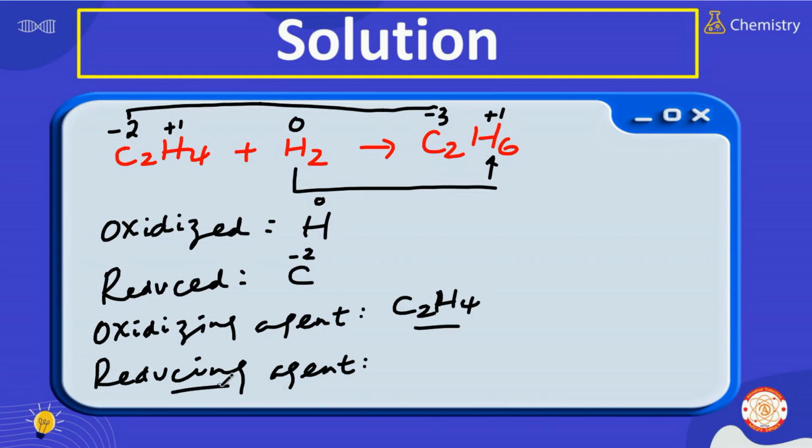And the reducing agent is a substance that helps the other substance to get reduced, but itself gets what? Oxidized, right? So the reducing agent is hydrogen. So in this way, you can identify which substance gets oxidized, reduced, and which one is the reducing agent and oxidizing agent.